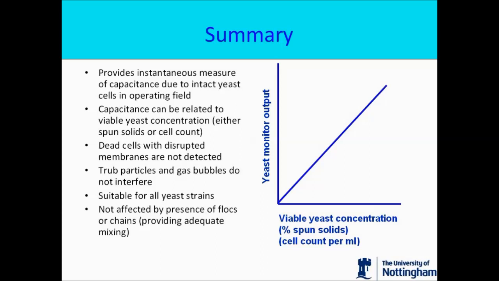So they can be spun solids, it can be viable cells per mil, and so on. You don't get any impact from dead cells. That's something you need to bear in mind, of course, is that it only measures the viable fraction.